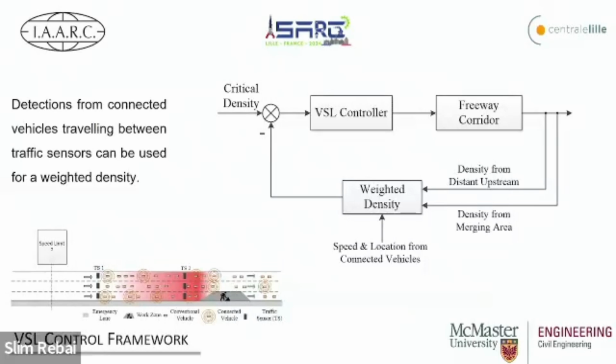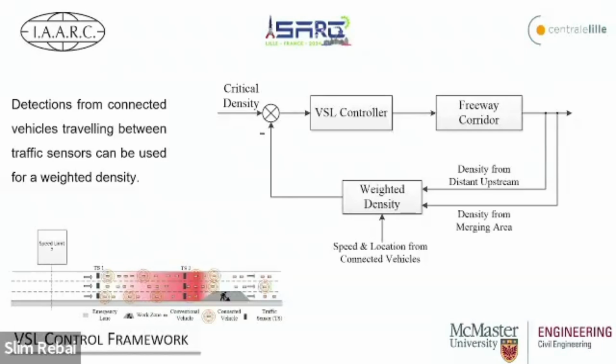From this system framework, we have this VSL controller, which generates dynamic speed limits to influence the traffic on the freeway corridor. And then the traffic sensors detect the traffic density. The density from the distant upstream traffic sensor, and also the density from the merging area sensor, will be fed into the weighted density component. This component uses the speed and the location of the connected vehicle to calculate the weights, and then we find the weighted density.